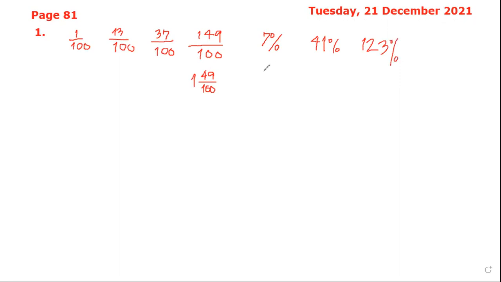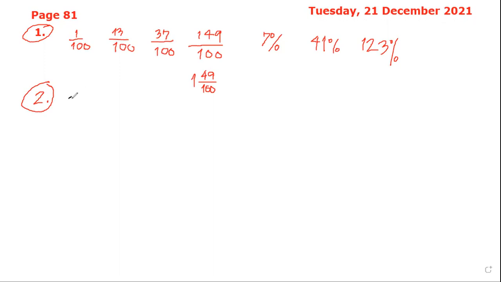Fill up, because you will answer all the others. Number 2, change the following fractions to percentage.